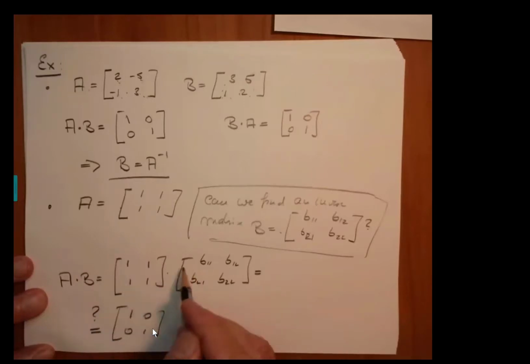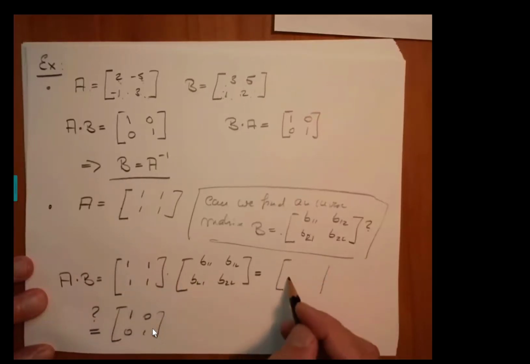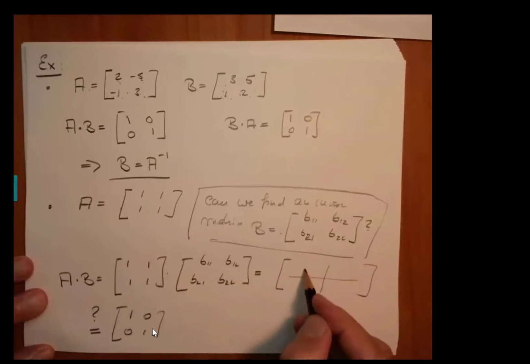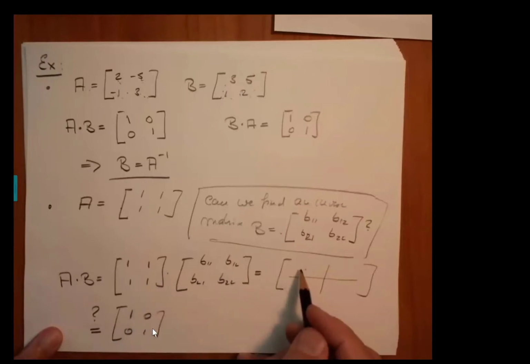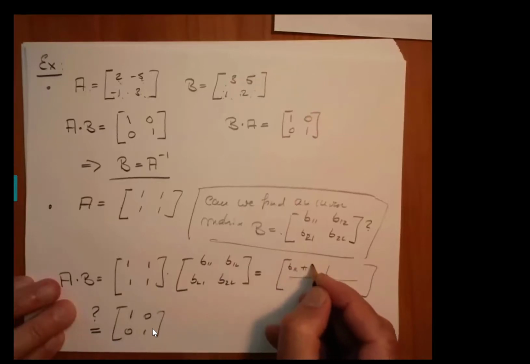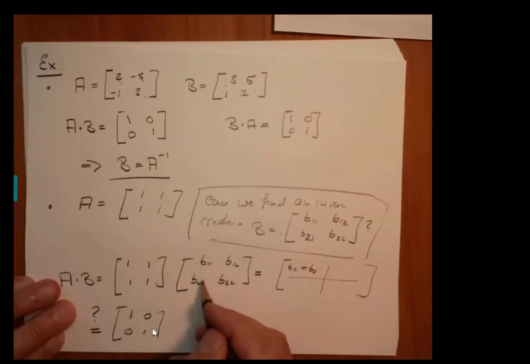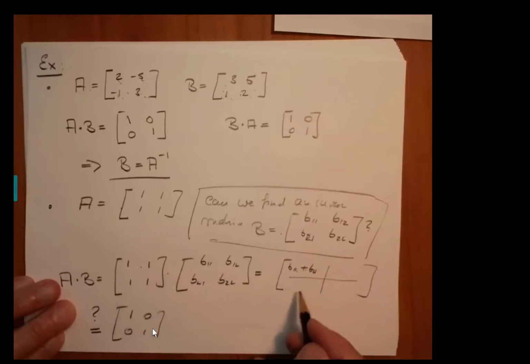Now, when I multiply this, what do I get in the upper left if you multiply this matrix with this matrix? Can someone tell me what goes in the upper left? B11 plus B21. Yes, correct. You multiply the first row of A with the first column of B. What goes in the lower left?